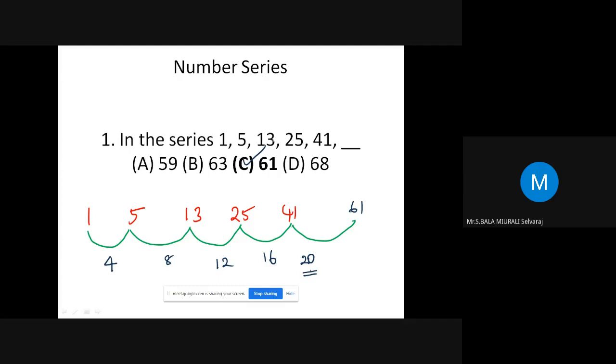Cube table, 1 cube 1, 2 cube 8. What is 3 cube? 27. Very good. And a factorial table. These are some basics of mathematics. Those who know the fourth table can definitely operate this problem. And believe me, it is a question from your previous year NET question paper.